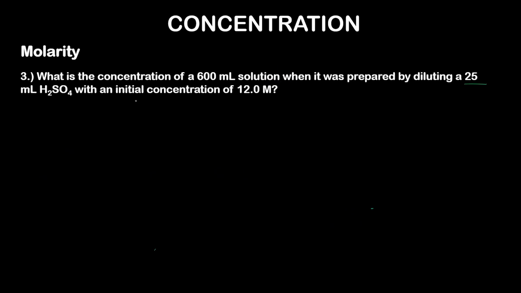Next, what is the concentration of a 600 ml solution when it was prepared by diluting 25 ml H2SO4 with an initial concentration of 12 molar? So there is a word here, diluting.